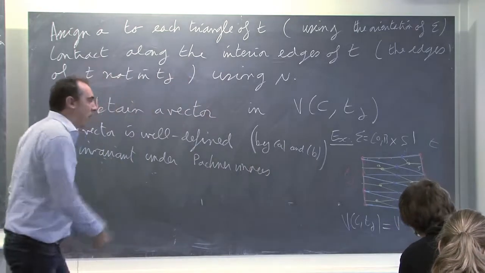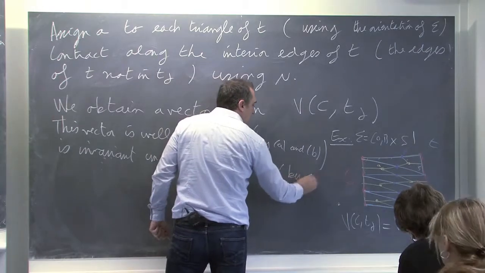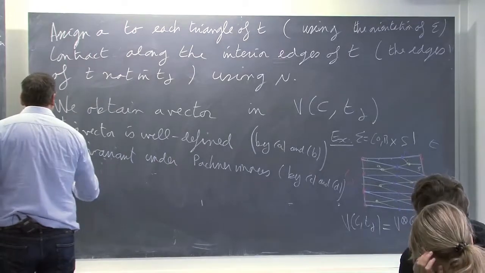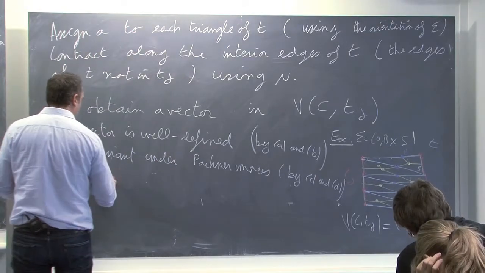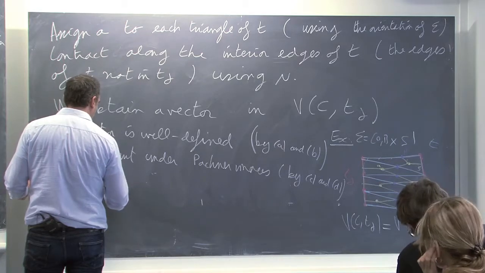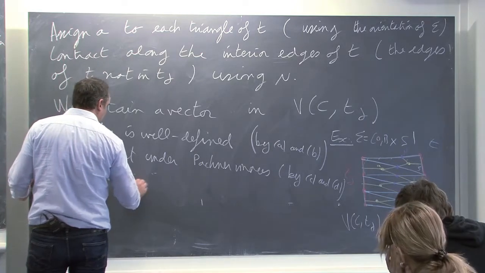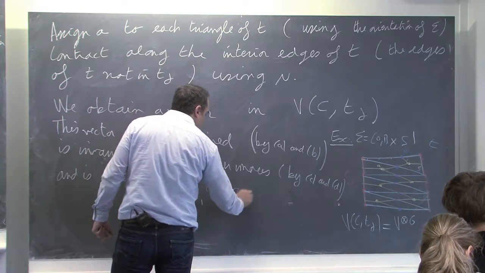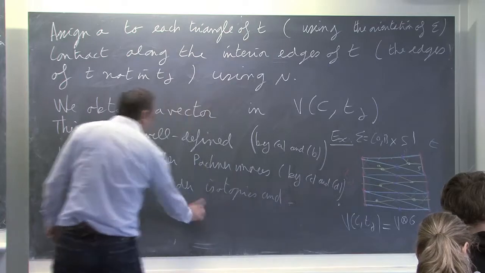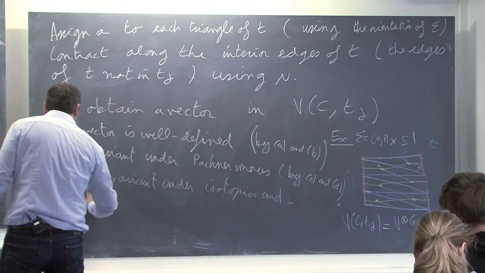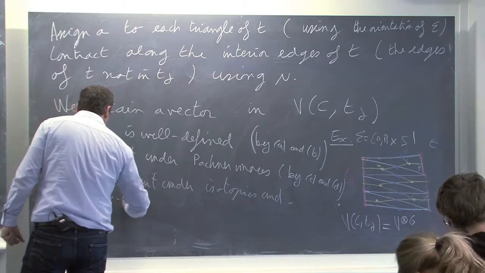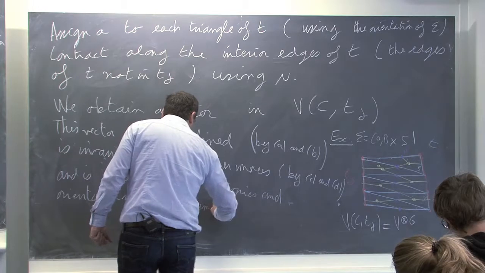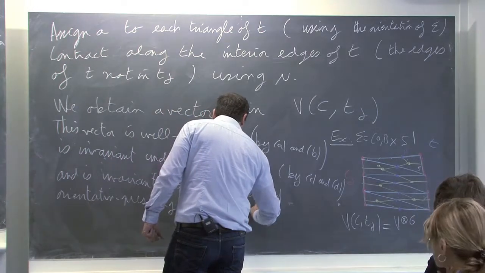This is the same proof as before, by C and D. And it is invariant under isotopies and orientation-preserving homeomorphisms of Sigma.